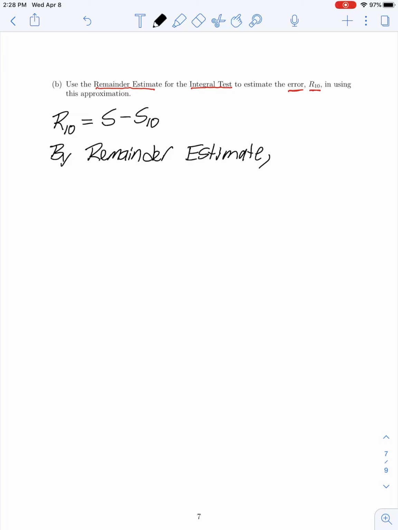So by the remainder estimate for the integral test, we know that the remainder, R sub n, or in this case R sub 10, is less than or equal to the improper integral from n, so in this case n is equal to 10, out to infinity, of the function which defines the terms of my series.